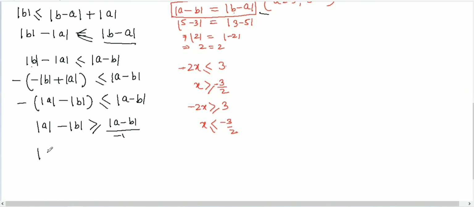So now absolute value of A minus absolute value of B will be greater than or equal to minus absolute value of A minus B. This is your equation 2. Write down equation 1 first here so that you can compare.